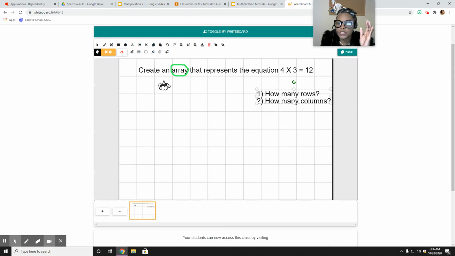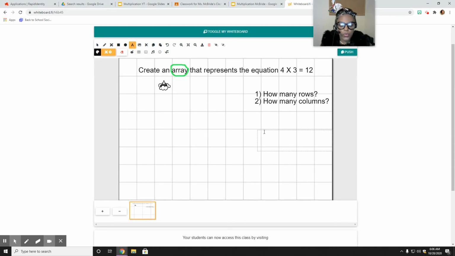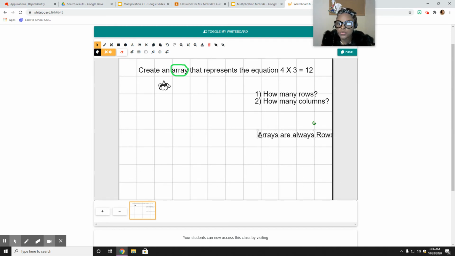That's the first thing we want to do because that's going to guide us. So we know what? Well, we have 2 factors, 4 and 3. And it's rows times columns. Let's write that down too. Arrays are always rows times columns. Always, always, always rows times columns, okay?